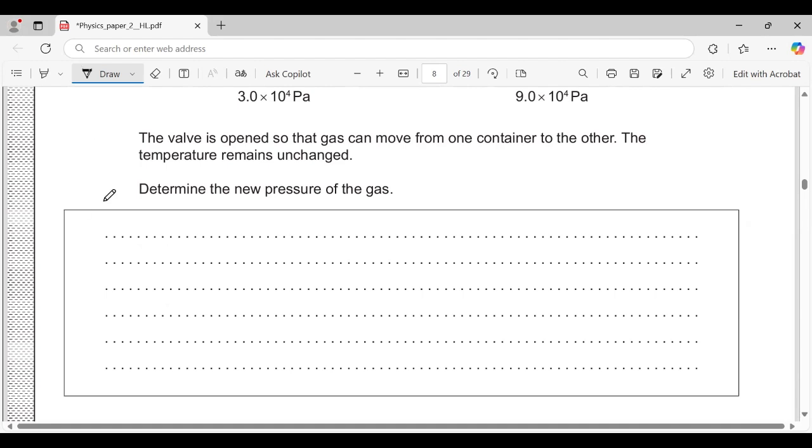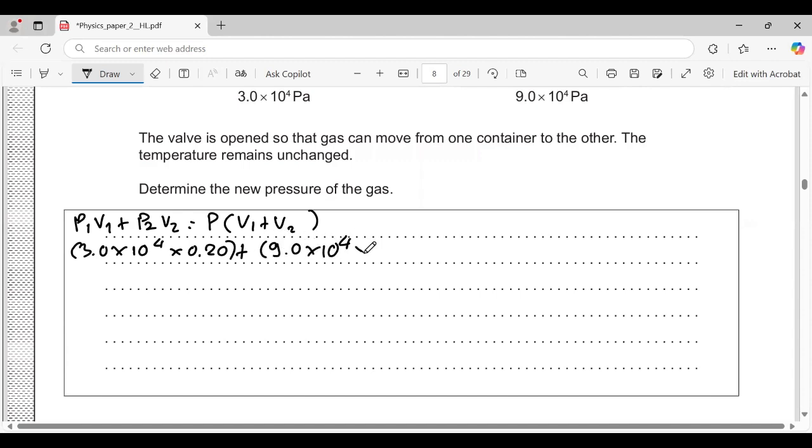I would like to use this formula: P1 V1 plus P2 V2 equals P times (V1 plus V2). P1 is 3.0 times 10 to the power 4, V1 is 0.20, plus P2 is 9.0 times 10 to the power 4 times 0.10, equals P times (0.20 plus 0.10).